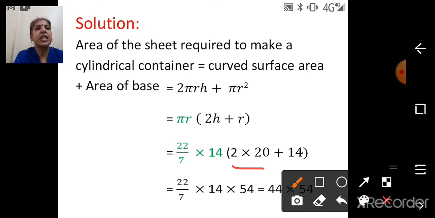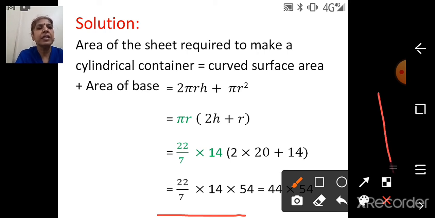So if you see the BODMAS rule, we will solve the bracket part. So the other things we will write 22 upon 7 into 14. Now solve this part. First we will multiply 2 with 20. So 2 20s are 40 plus 14, so that is 54. So we are going to write here 54.